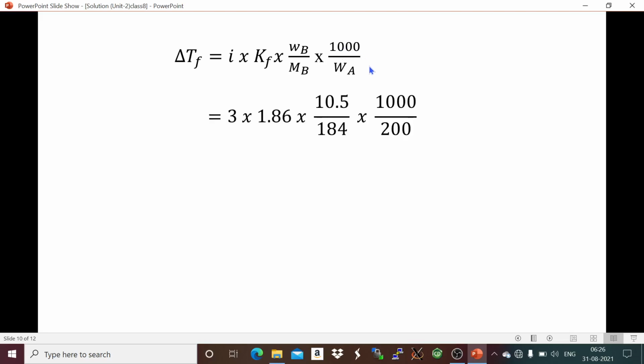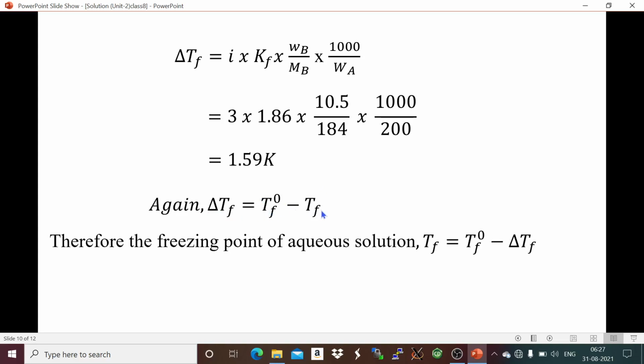Putting the values and calculating, we get delta Tf is 1.59 Kelvin. Again we know delta Tf is equal to Tf naught minus Tf. So Tf is equal to Tf naught minus delta Tf, so 273.15 minus 1.59, so the value is 271.56 Kelvin.